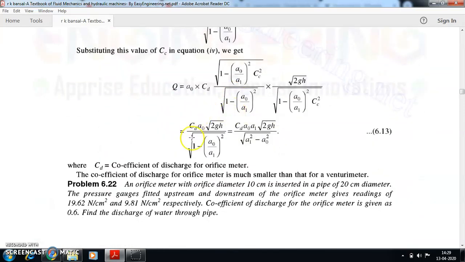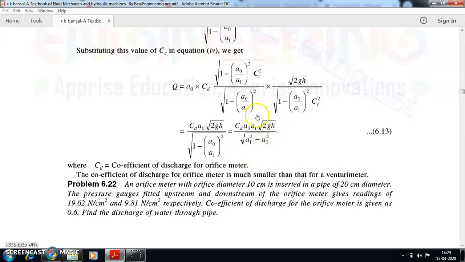See the final equation we obtained in the Venturi meter, it is almost similar. There I had two areas A1 A2, root of 2GH, divided by root of the difference of the two areas squared. I am getting the same thing here, but in terms of A0 and A1.